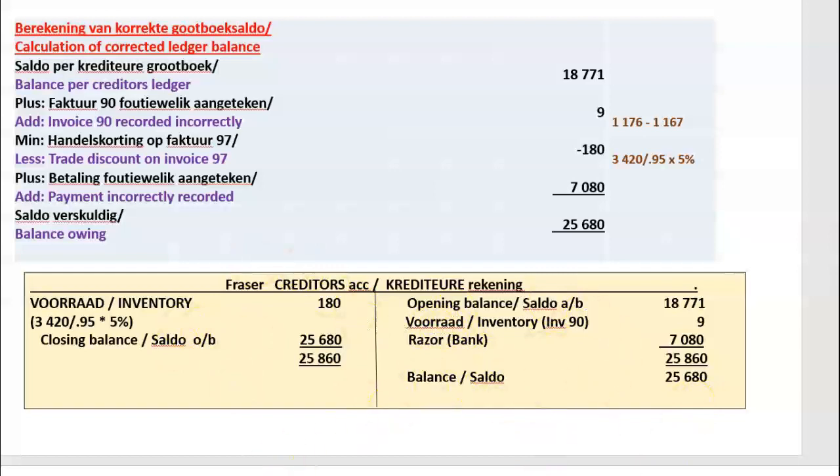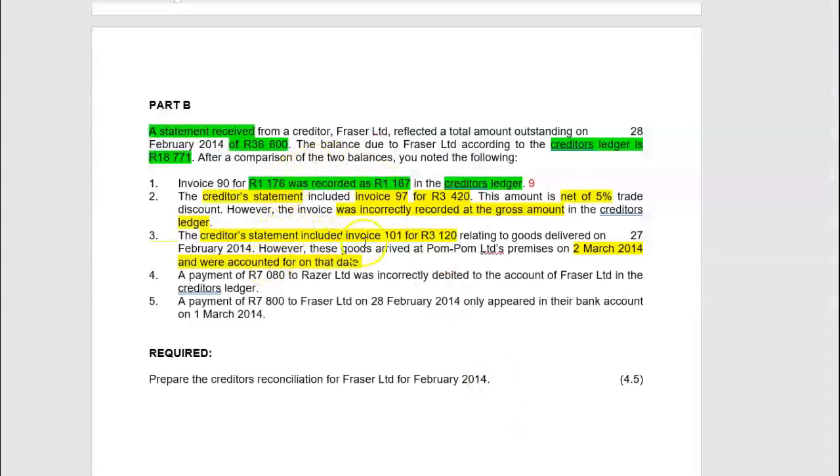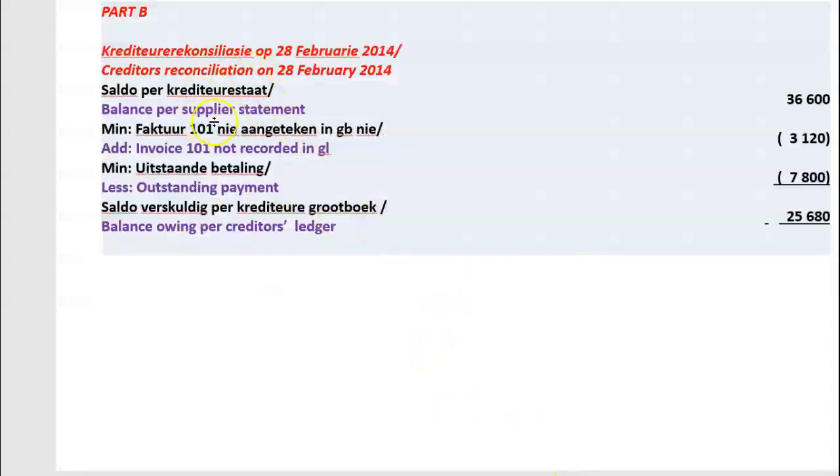So therefore, that has to go back to my creditor's reconciliation. Now, if I've started off with my balance as per the supplier's statement, what did it do to the statement balance that they've posted an invoice for 3120? It obviously increased the statement balance.